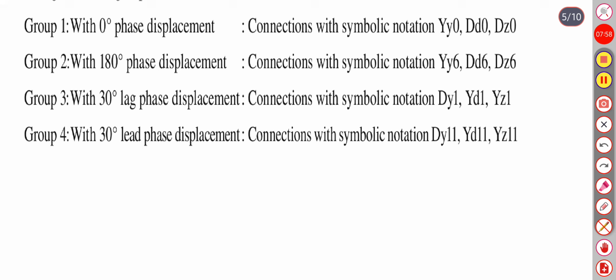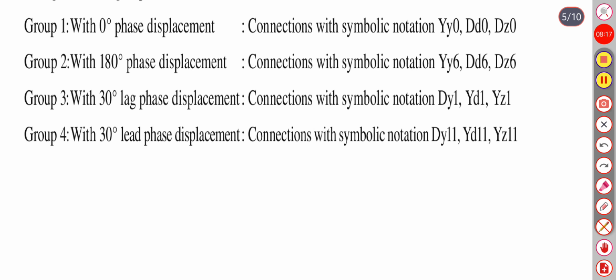Now, in three-phase systems, the connections can be made in four ways, and they are grouped as 1, 2, 3, and 4.